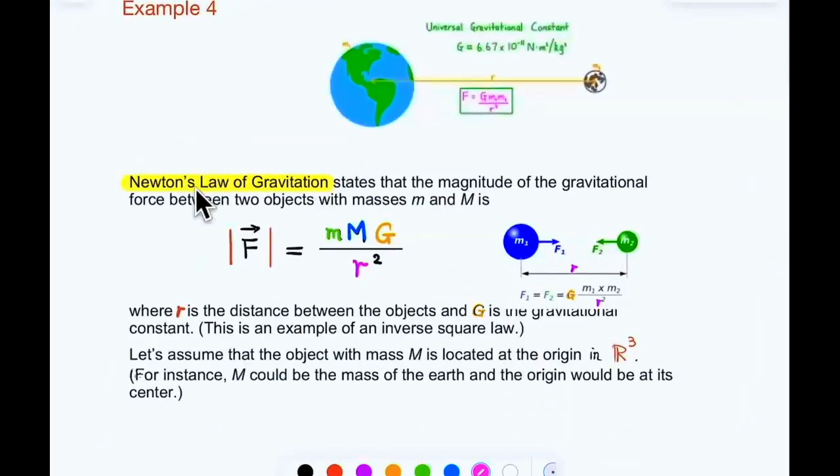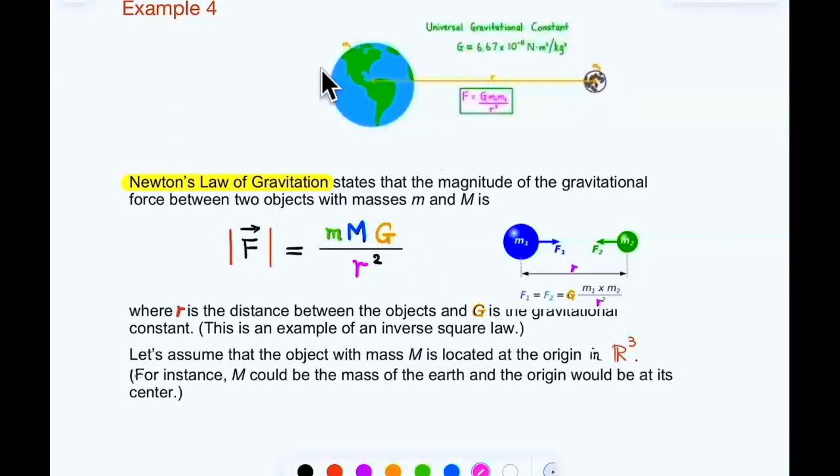Do you guys remember Newton's law of gravitation? Yeah, you remember. That's good. What does it say? It says that the magnitude of the gravitational force between two objects, like the Earth and the Moon, the mass for the Earth, let's call it big M, the mass for the Moon, let's call it small m, is given by this formula.